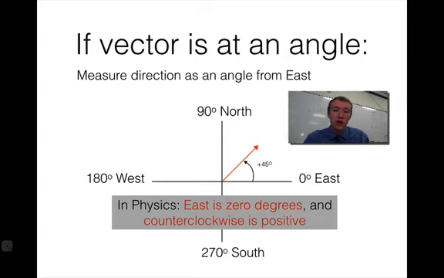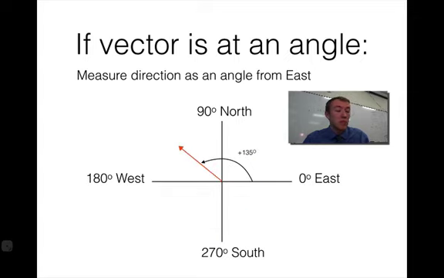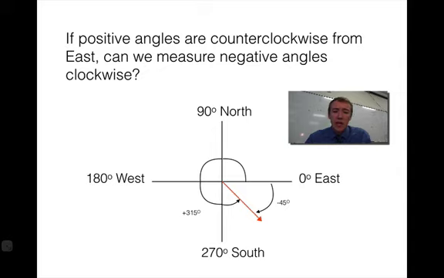So here's positive 45 degrees. Here would be positive 135 degrees. Again, you're going from the east. Here's positive 225 degrees. And here's positive 315 degrees. If positive degrees are counterclockwise, then negative degrees could be clockwise. So here you see positive 315 degrees, go all the way around there.